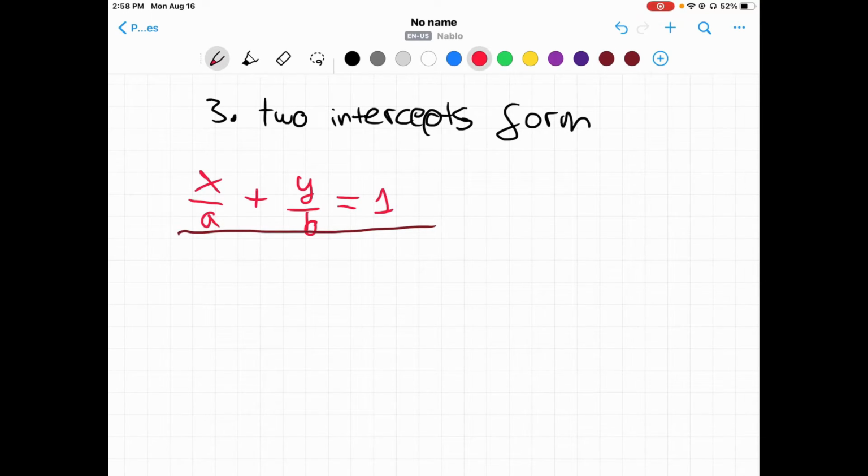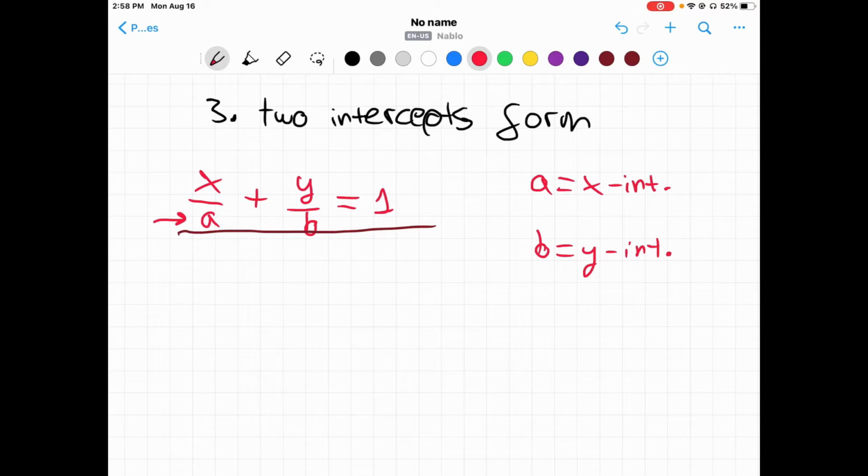Now, what we would do to find the x and y intercept is just look at a and b. Now, a is going to be the x-intercept, and b is going to equal the y-intercept. So in other words, the x-intercept is going to be what the x is being divided by, in this case a.